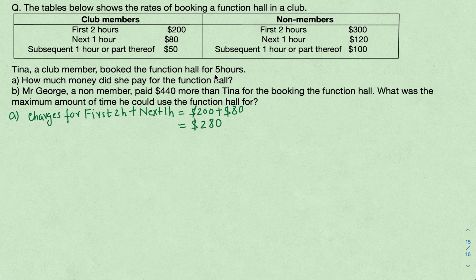Now since she has booked the hall for 5 hours, even if we subtract the first 3 hours, she still needs to pay the charges for the rest of 2 hours. So what are the charges for the subsequent hours? It is $50 per hour. So we need to calculate the charges for the subsequent 2 hours.